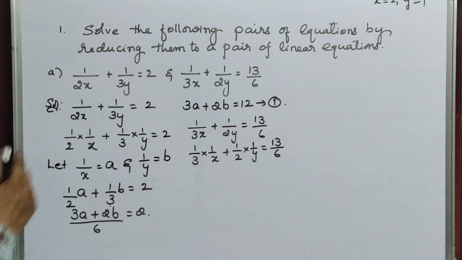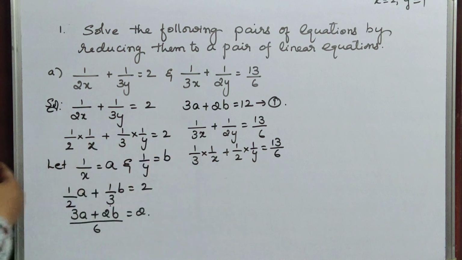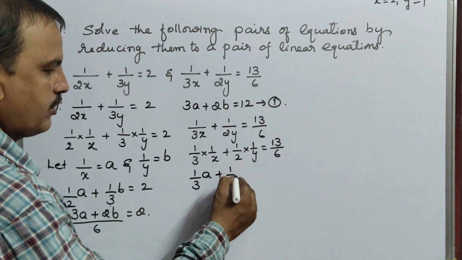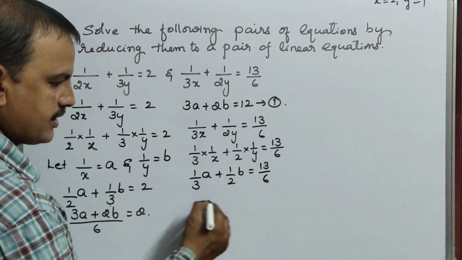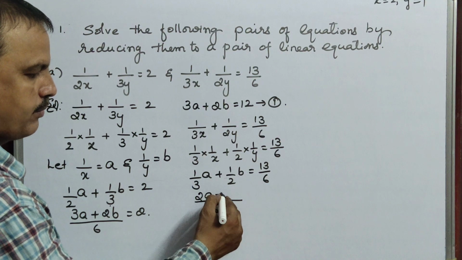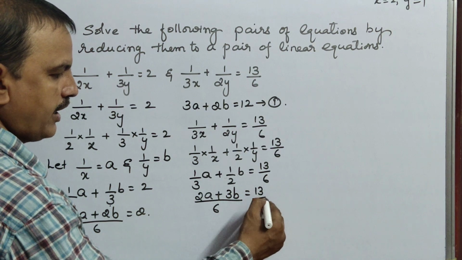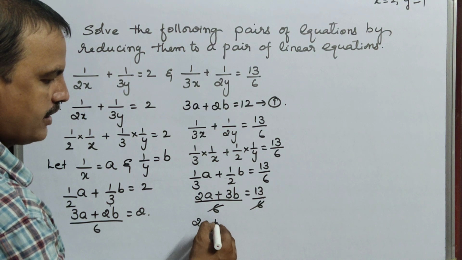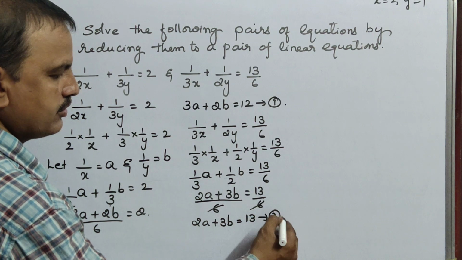If you observe, in these two equations 1 by x is there, so since you already took 1 by x equals a, here we can write straight away 1 by 3a plus 1 by 2b equals 13 by 6. So LCM is 6. In 3 table 6, 2 times, 2a plus 2 table 6, 3 times, 3b equals 13 by 6. This 6 gets cancelled. So 2a plus 3b equals 13. So that is equation 2.